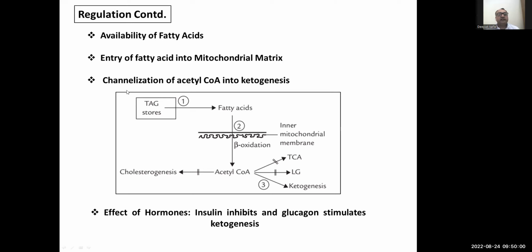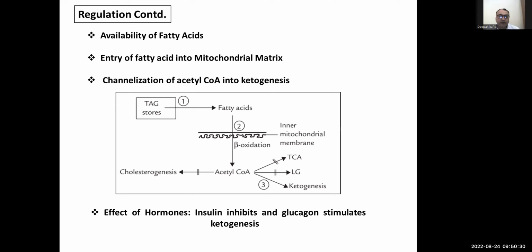Next is the channelization of the acetyl-CoA into ketogenesis. The intermediates of the TCA cycle, like oxaloacetic acid, are diverted for gluconeogenesis, so the TCA cycle cannot proceed.